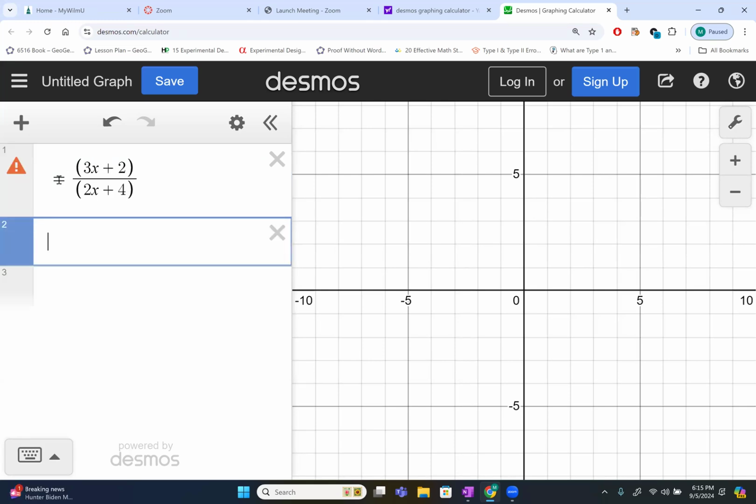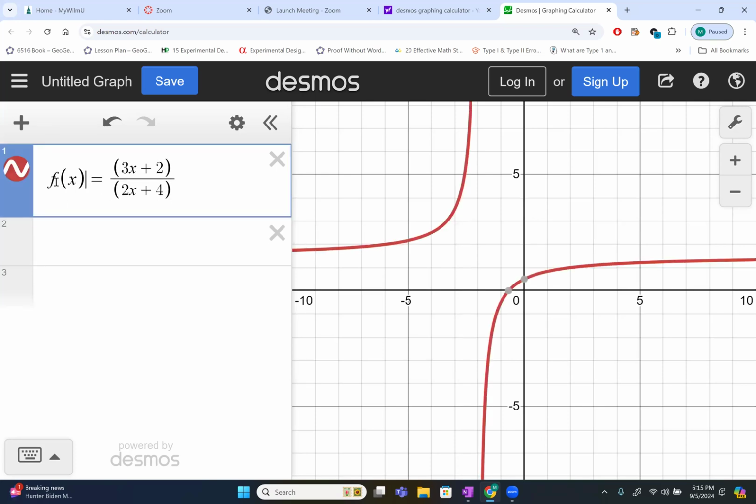And you can see that you have this weird figure. Obviously, you have two points here. And it looks like at x equal to negative 2, regardless of how I approach it, it just doesn't exist.